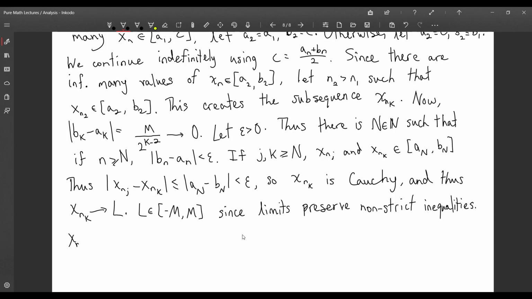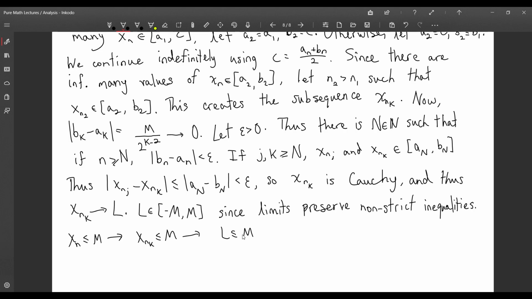So, for instance, we know x sub n is always less than or equal to m, and so this would imply that x sub n sub k is always less than or equal to m, and this implies that L is less than or equal to m. And you can say the same thing for the opposite inequality, right?